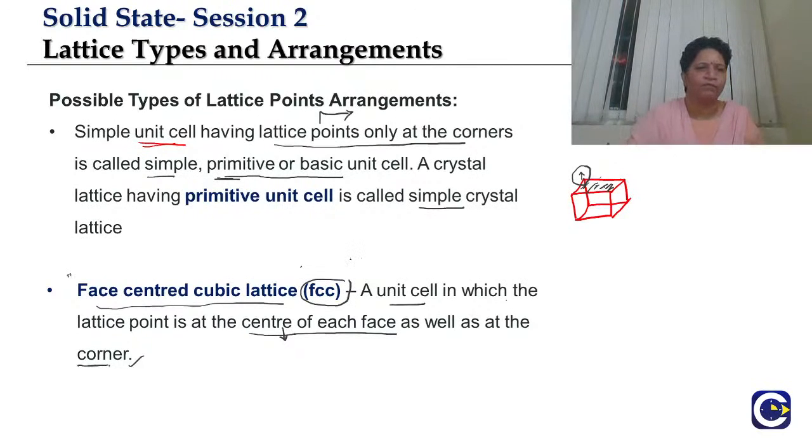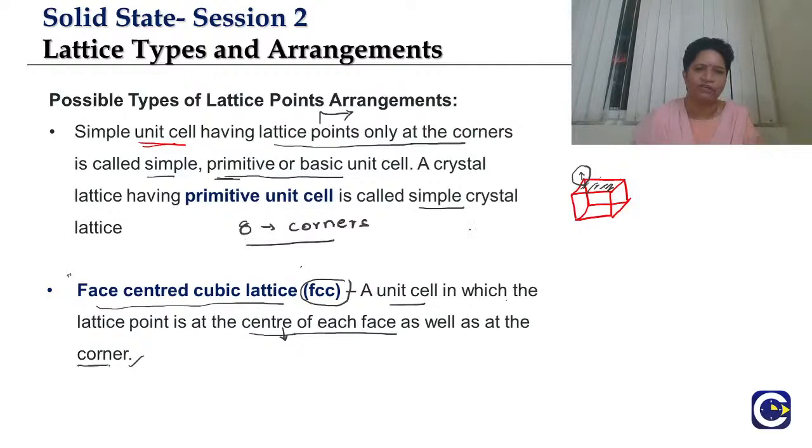So simple or the primitive or the basic unit cell will have lattice points only at the corners. How many corners will a simple cube have? 8. So if I take a simple cube, there will be 8 corners, and at the 8 positions you can find the lattice points.